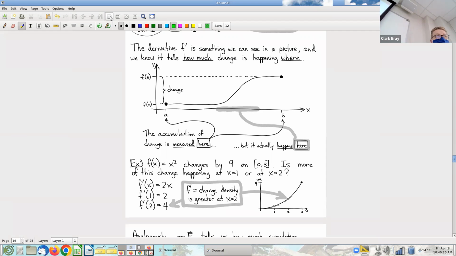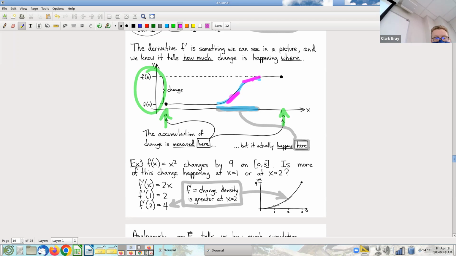I make the innocent, highly believable assertion that while change is measured on the boundary, it actually happens in the interior. And furthermore, we can even see in the graph how much is happening there, perhaps compared to there.